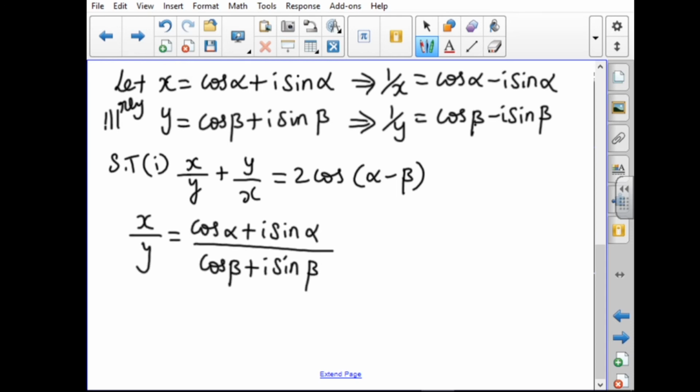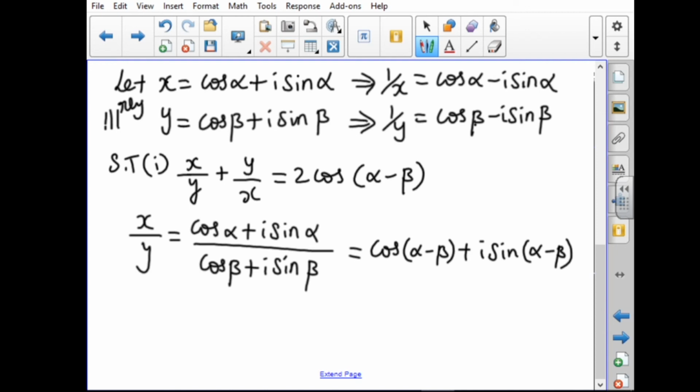Yesterday we saw that when complex numbers in polar form are divided, you can subtract the angles. Here the angle is alpha, here the angle is beta. So we can write this as cos of alpha minus beta plus i sin of alpha minus beta.